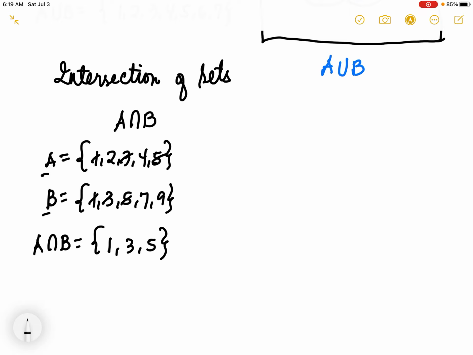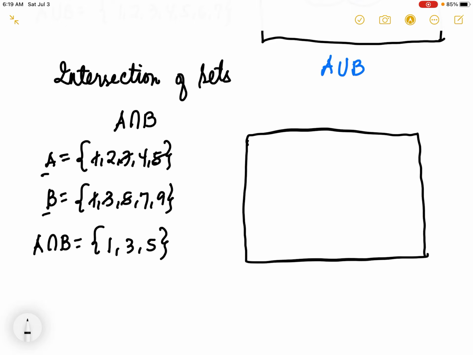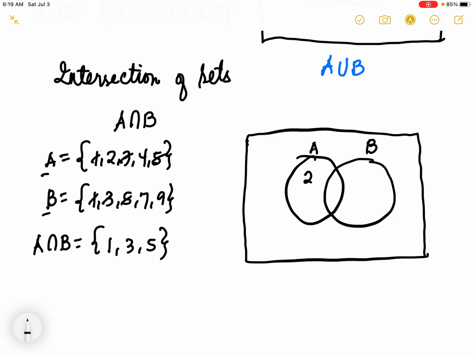In Venn diagram, we have this. We'll draw first the universal set, then the sets A and B. This is set A and this is set B. For set A, we write first the elements that are not common to both, then the elements that are common will be written here, 1, 3, and 5.